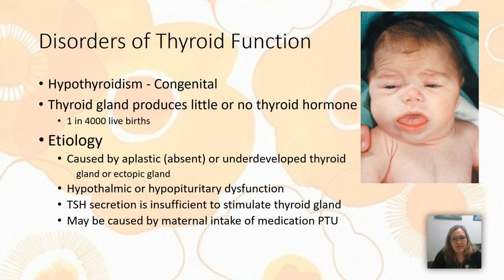So most babies are born with bright, wide open eyes, and they look around and they're curious about their surroundings. But a child with congenital hypothyroidism would have a sleepy, kind of dull look to the eye, and they would be lethargic and not really looking around with curiosity. They'd be hypotonic in their muscles. So this baby has the classic signs of hypothyroidism.